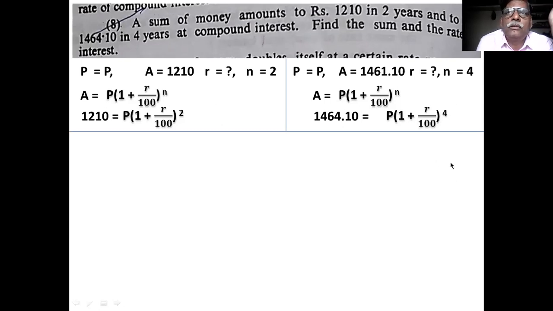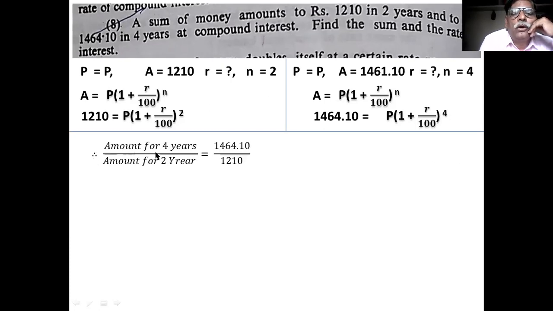Let's see what happens. Amount for 4 years divided by amount for 2 years is equal to 1464.10 divided by 1210. I'll divide it.